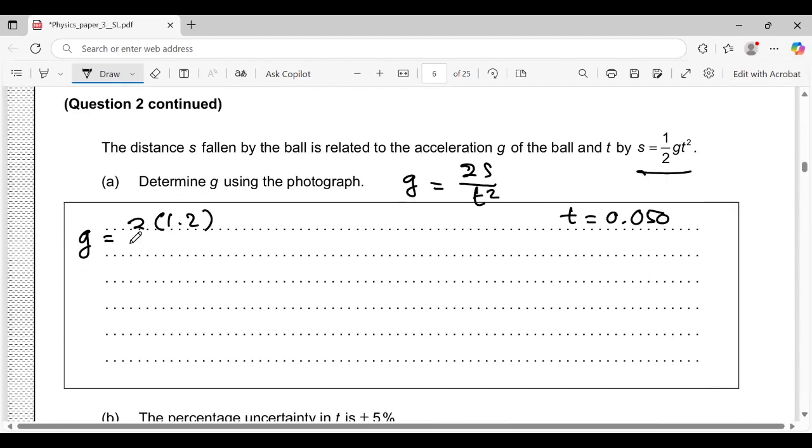So the distance is 1.2 over t squared, 0.050 squared. And if you calculate, the result is 960 centimeters per second squared.